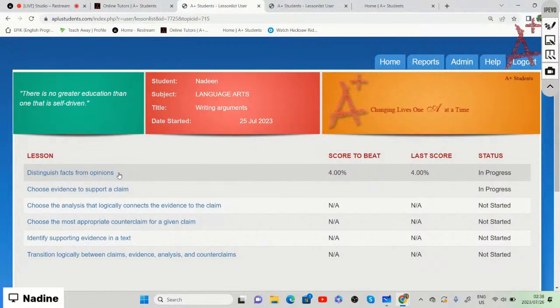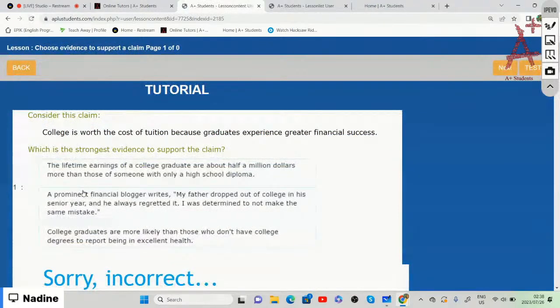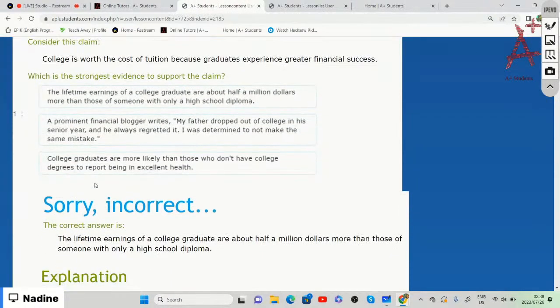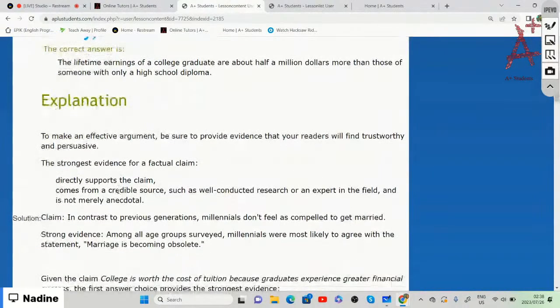All right, so now we choose the evidence to support our claim. So we did facts and opinion. Now we need to consider claims. To make an effective argument, you need to be sure to provide evidence that your readers will find trustworthy and persuasive.